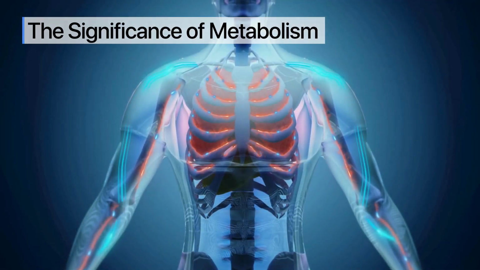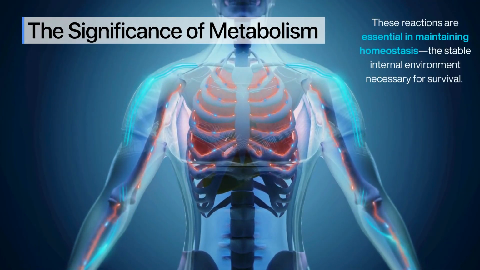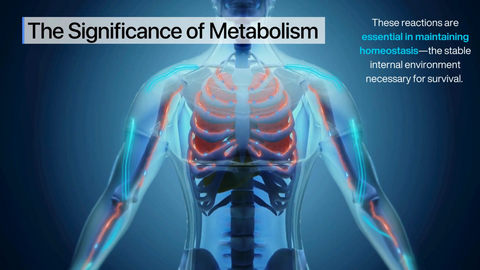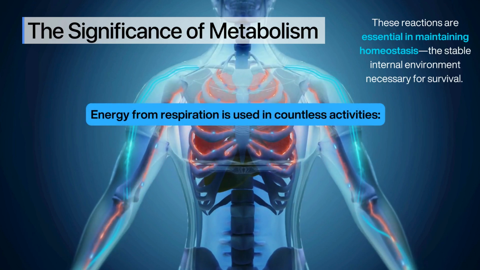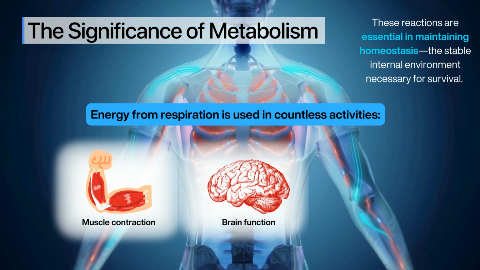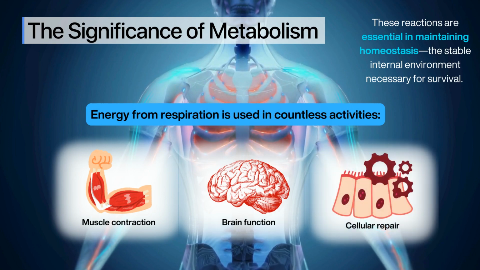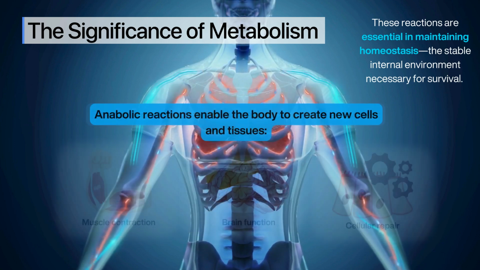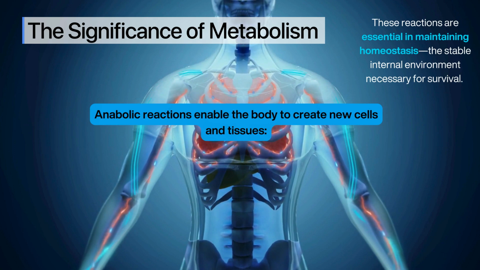Metabolic reactions are essential in maintaining homeostasis, the stable internal environment necessary for survival. For instance, energy from respiration is used in countless activities, such as muscle contraction, brain function, and cellular repair. Without this metabolic reaction, these functions could not take place. Anabolic reactions enable the body to create new cells and tissues.